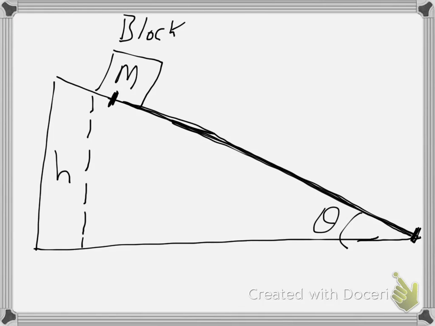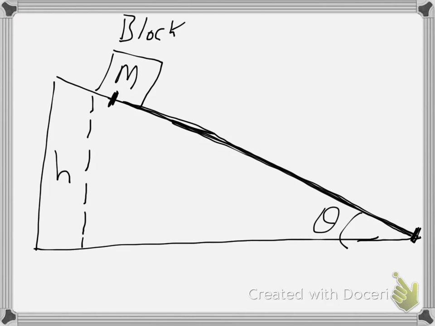So the acceleration due to gravity is modified by this angle here, and we would have to solve for the acceleration using a known trigonometric property, and then we would have to find the time, and then we would have to find the velocity, and it can get pretty hairy pretty quickly.